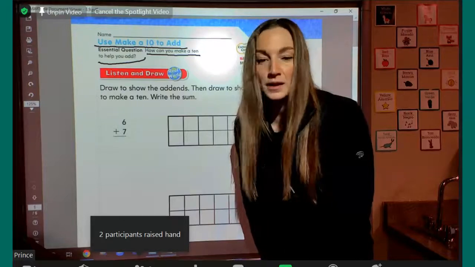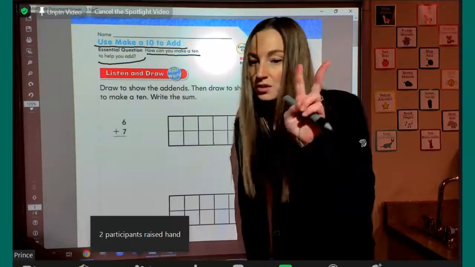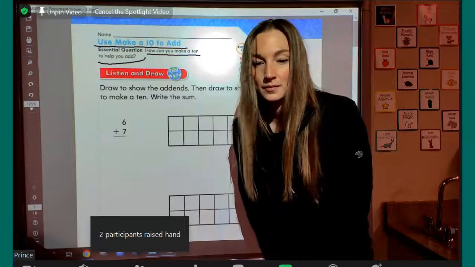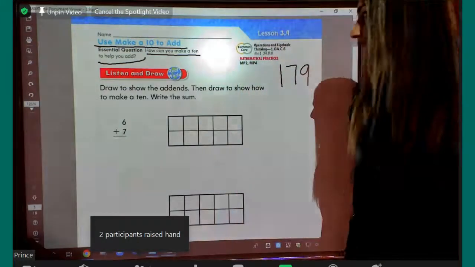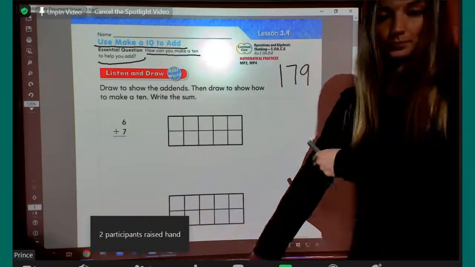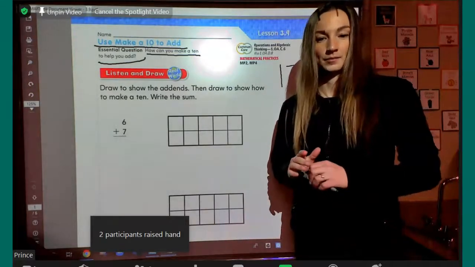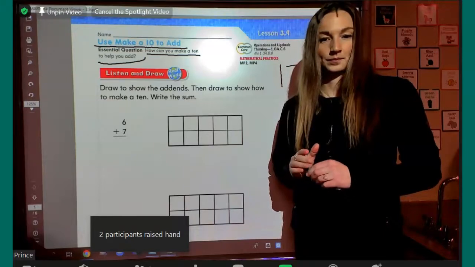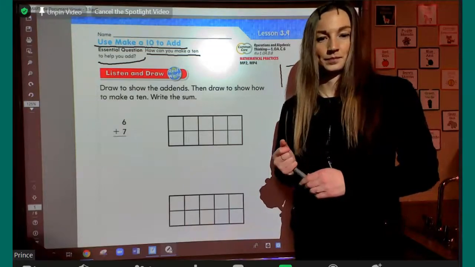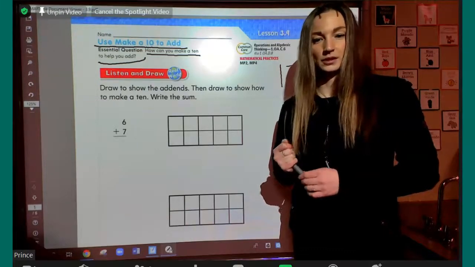If you can't find a red and a blue, that's okay. Just choose two different colors. I'm going to use red and blue. Just a little bit longer.